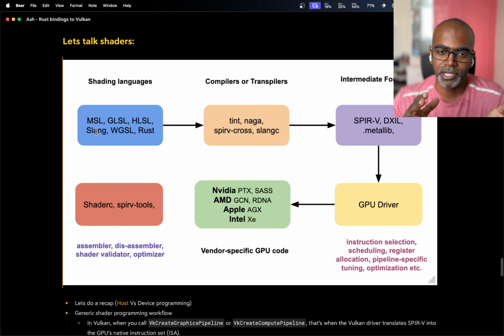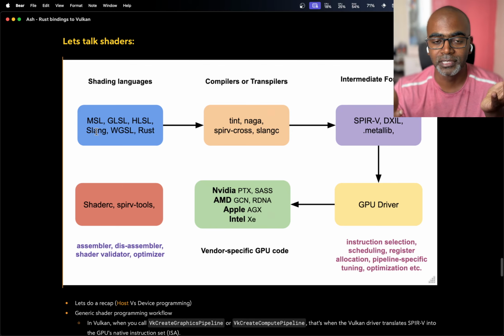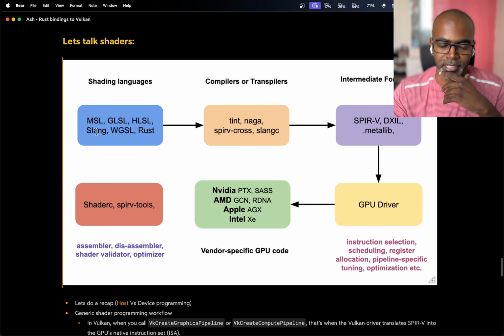Now, what happens with these shading languages? The first thing that you need to know is shading languages are not as complicated as your general purpose programming languages, like say Rust, for example. So when we say we can use Rust, I'm not saying that you can actually use Rust in its totality.